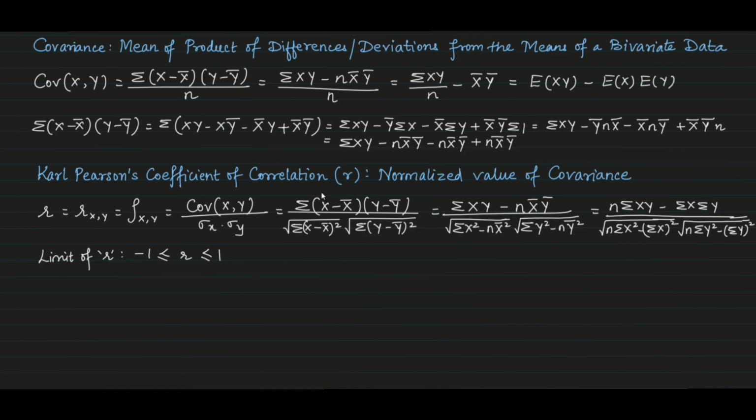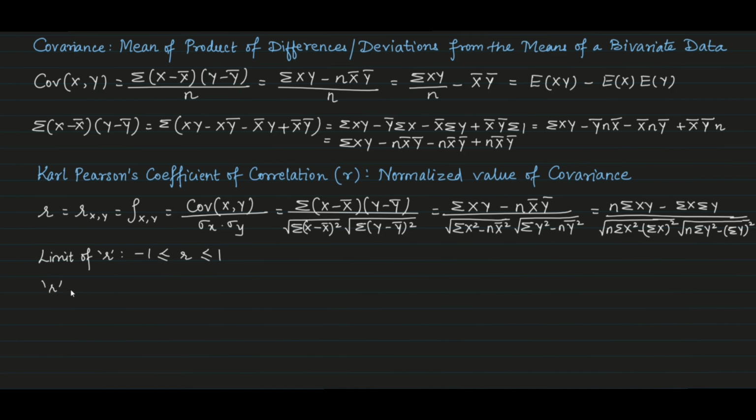If the value of r is 0, then there is no correlation. The variables are independent of each other. If the value of r is closer to 0 but positive, then there is weak positive correlation. Again, if the value of r is closer to 0 but negative, then there is weak negative correlation.